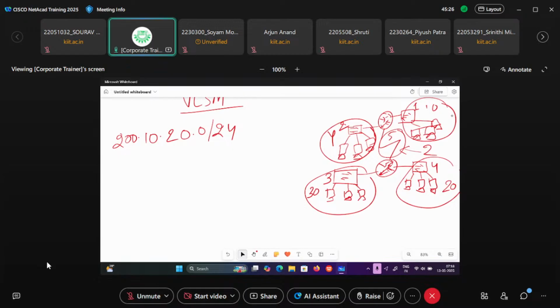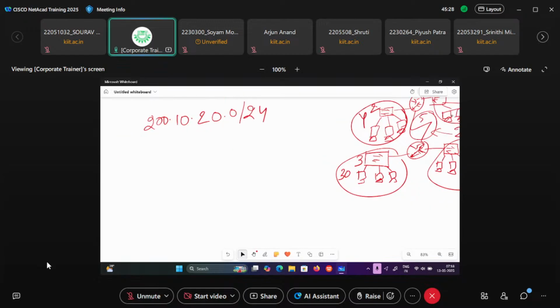This is the formula: 2 raised to the power n greater than or equal to 5. What n value will you get? If you use n equal to 3, obviously 8 is greater than or equal to 5, right? So n equal to 3 means we have to make it 3 bits as the network bits, right?